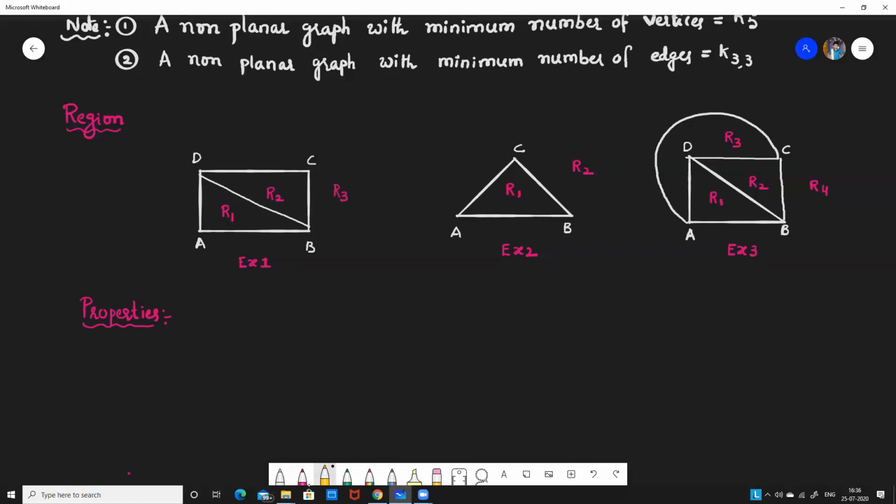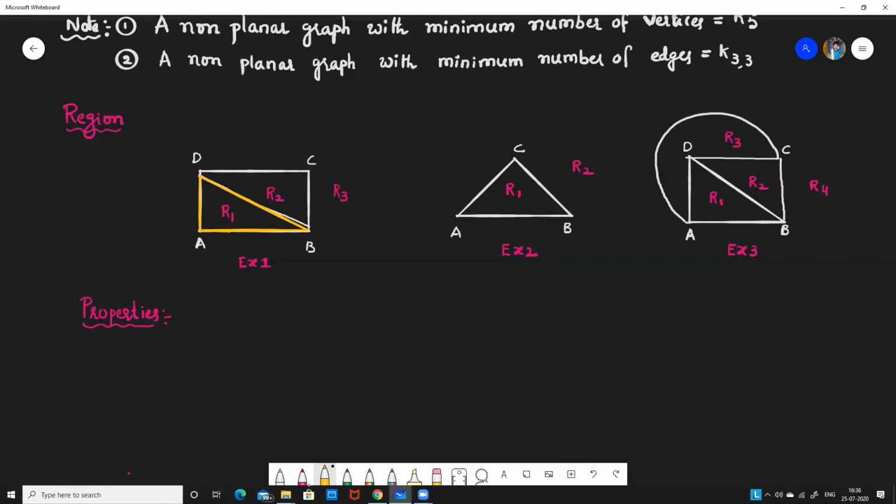Let me draw those three edges now. It is the first edge, the second edge, the third edge. Clear? Therefore, the degree of R1 is equal to 3 here. In the first example, the degree of R1 is 3.